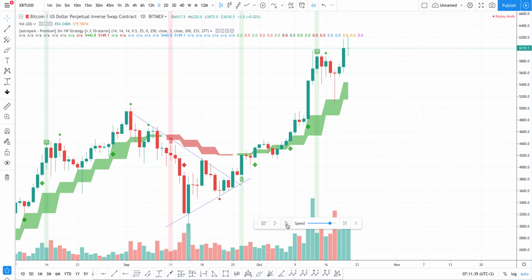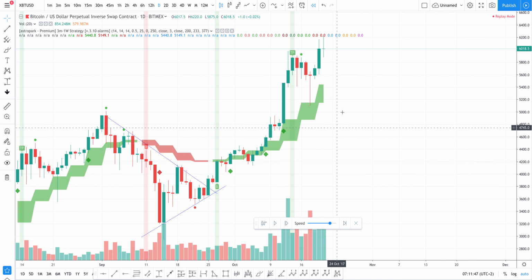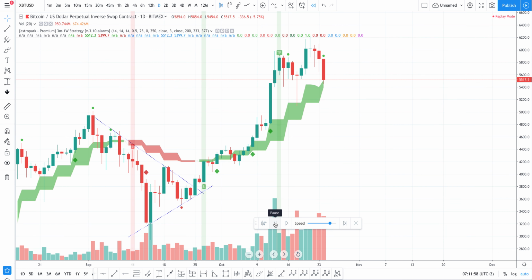Okay, so let's see, for example, here we already have a retest of the trend. Again, I set the stop loss somewhere here. I don't want to lose my profit, I want to hold my profit. Let's see how it goes.